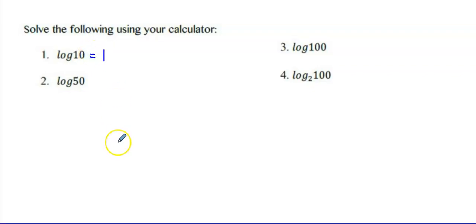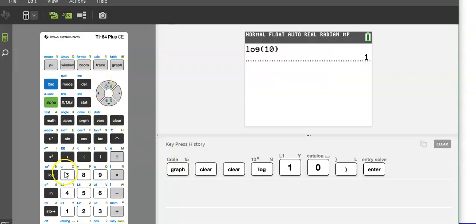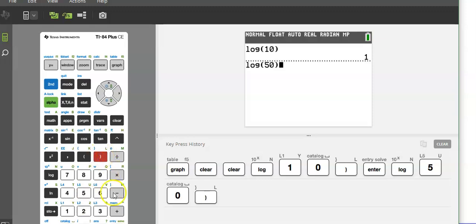So that's a 1. Number 2, log 50. On our calculator, we would enter, again, log 50, close your parentheses. It just needs to be a habit. And we get 1 point, and then a really long decimal. We want to round to the third decimal place, which is the thousandths.